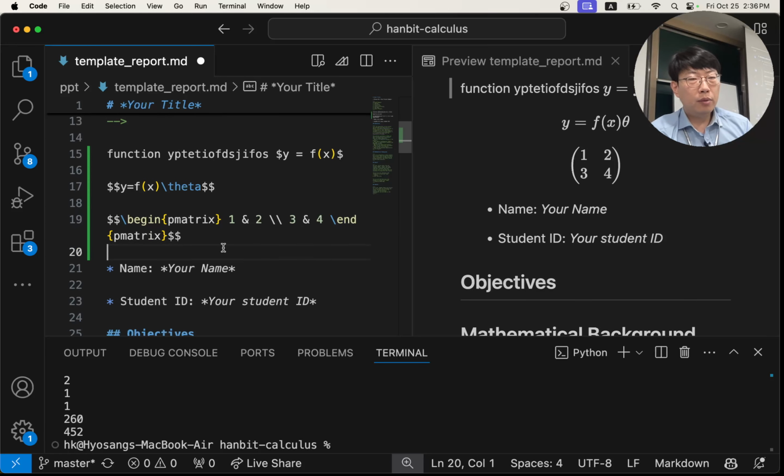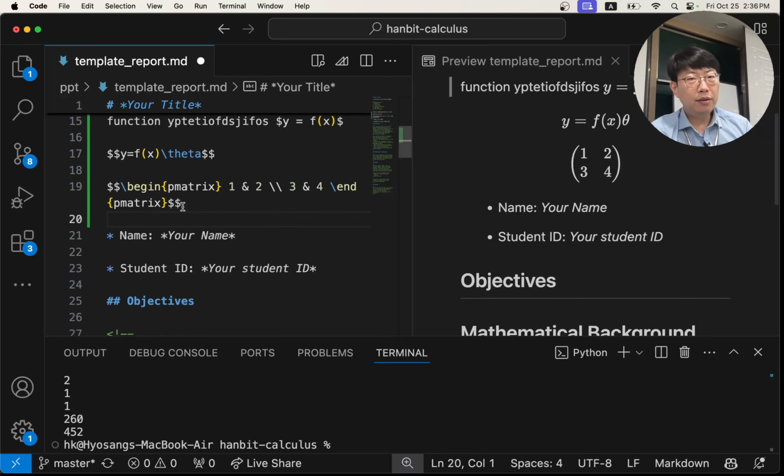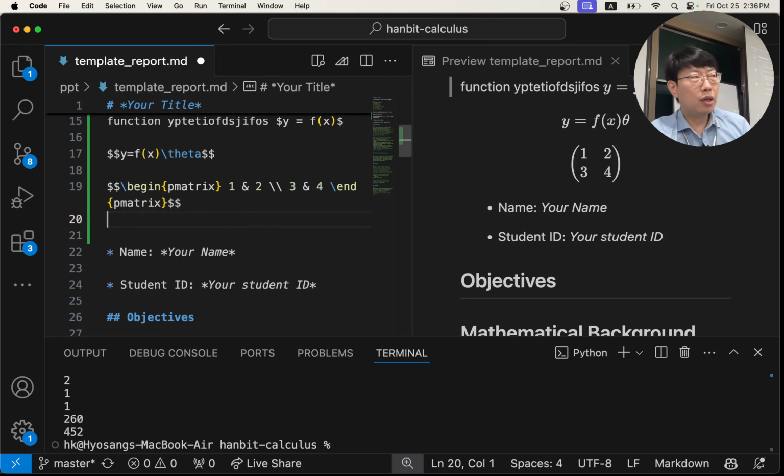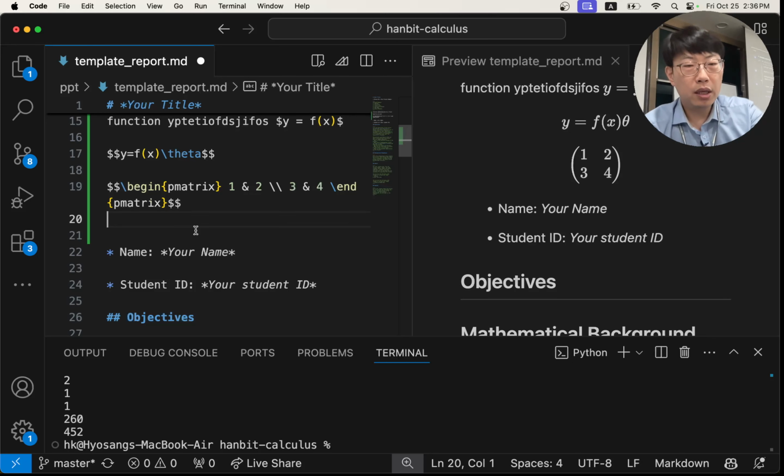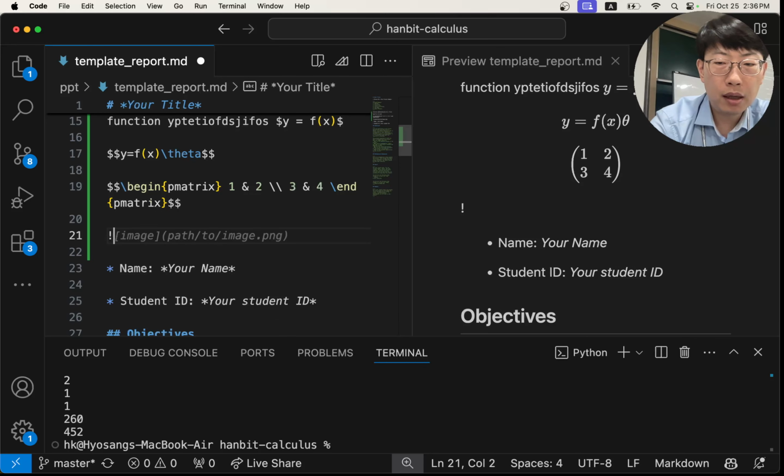Now the second thing is about images. This is a text file. You cannot post an image here. It's simply a text string. So the only way, if you want to attach your image, is to make a command posting an image.